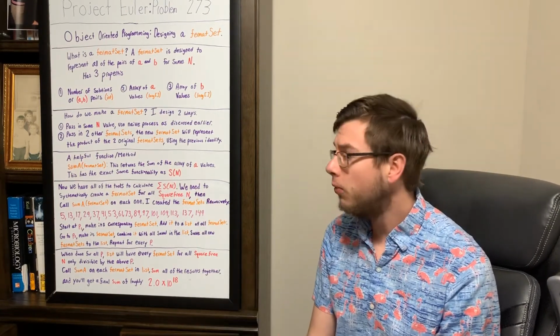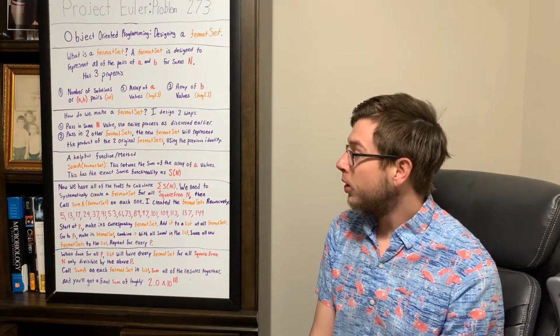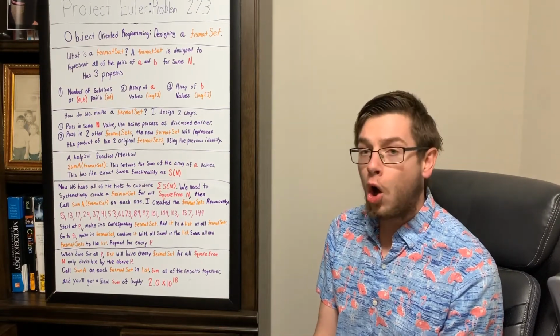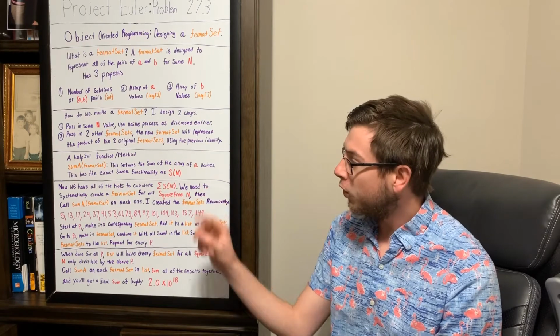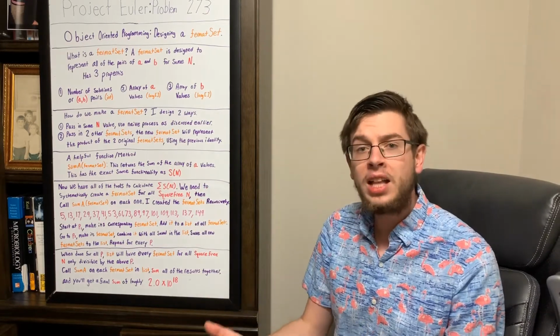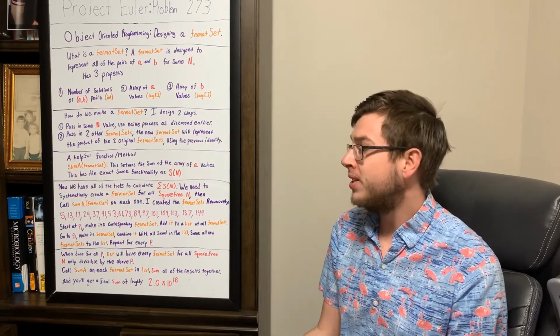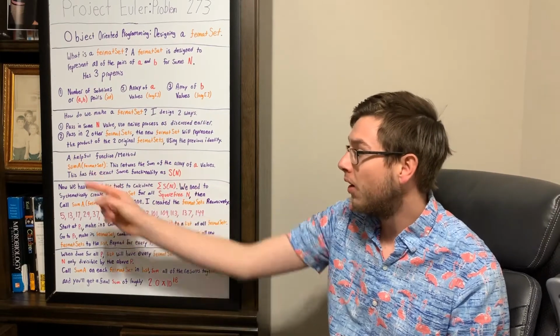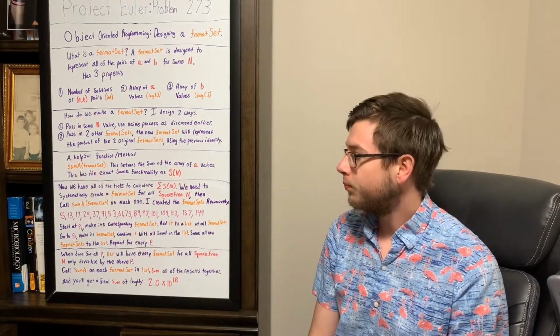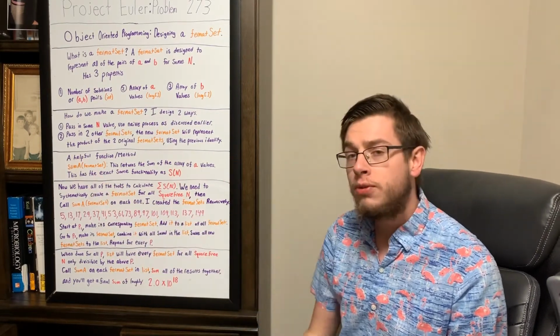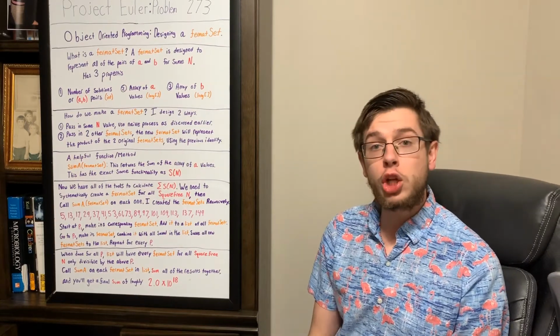I also designed a helpful function that simply returns the sum of all of the A values for any Fermat set. This is exactly what the function s of n does, but instead of passing in an n, I pass in a Fermat set. This gives us all of the tools that we need to start solving this problem.